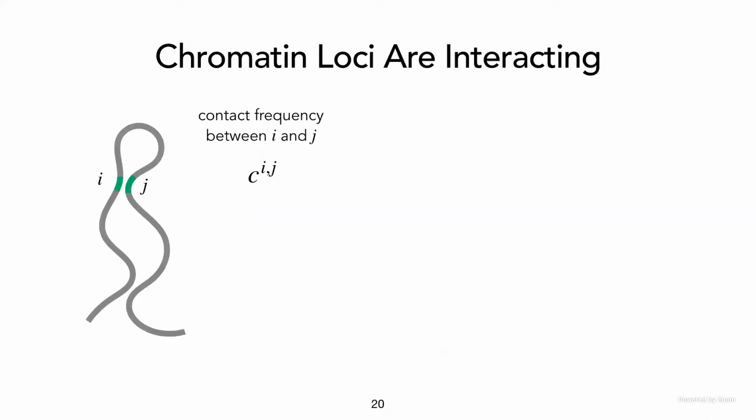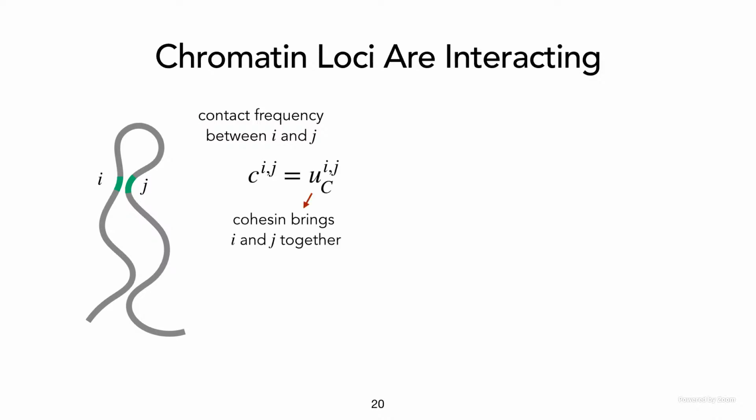However, chromatin is a chemically active polymer. So if we have an enhancer and promoter, they might also stick together longer once they come into close proximity. So the contact frequency between a locus I and J should not depend only on cohesin.